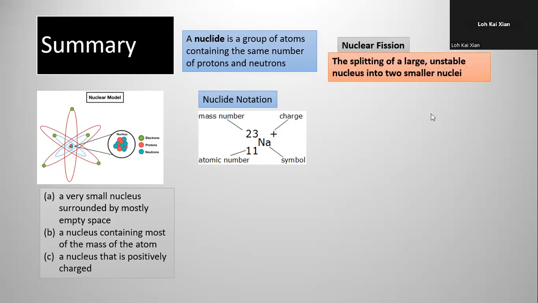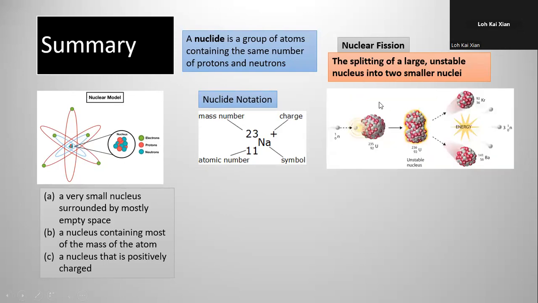Then we start nuclear fission: the splitting of a large unstable nucleus into two smaller nuclei. We can draw a diagram, but drawing a diagram usually takes a long time, so we would rather represent it with a nuclide equation. That's the nuclide equation for this picture.